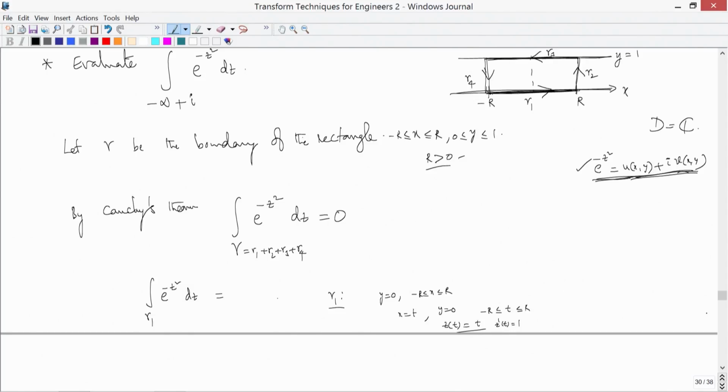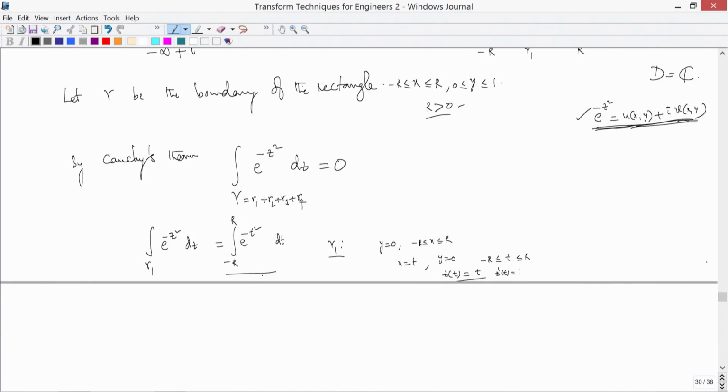So, z dash of t dt is your dz. So, you write it as dt, between minus r to r, and you have e power minus z square, where z is simply z of t, that is t square. So, you have only t square. Okay. So, this is your first integral. So, I1 is this.